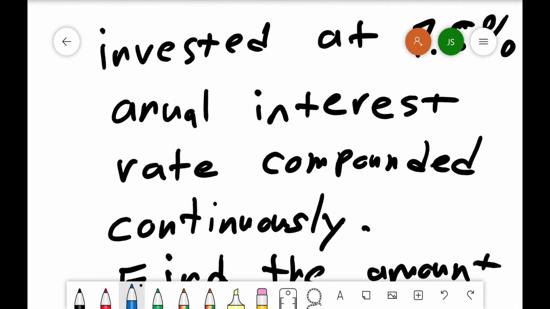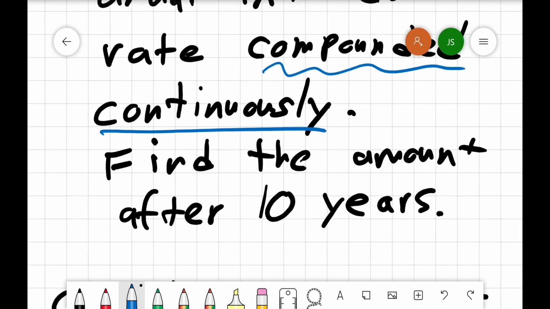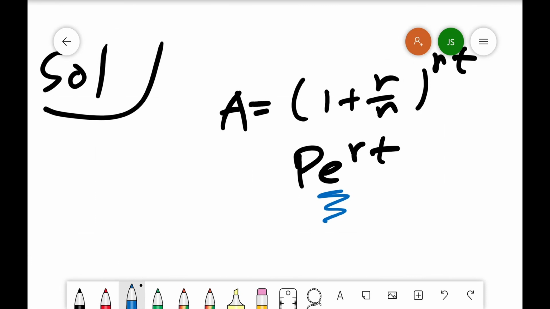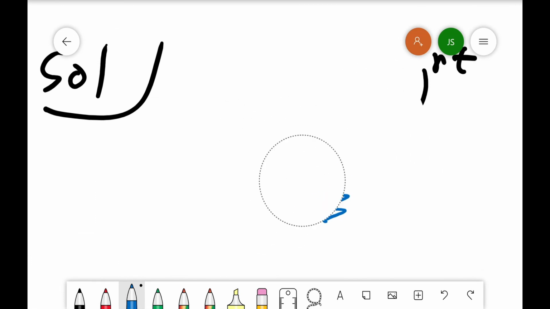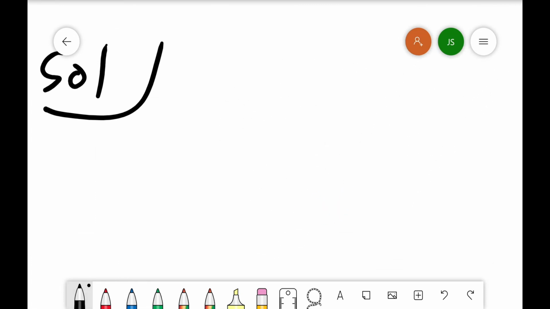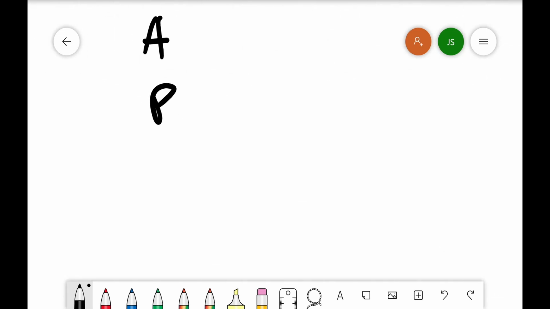Because I see the word continuously, especially compounded continuously. So let's do it like we did before. We have A, we have P. e is a fixed number in this case, so I don't have to figure out what e is. It's just already a number. But we have r and t.